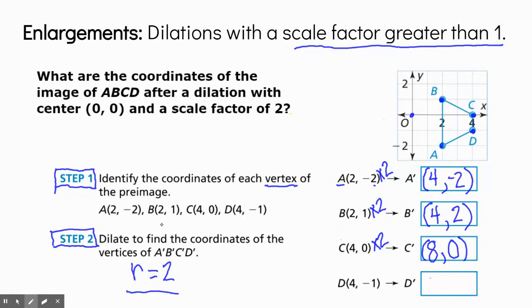D, 4 times 2 is 8. Negative 1 times 2 is negative 2. Like I said, we may not always draw the image. We draw it, but we should be able to get the coordinates of the image from the coordinates of the pre-image and the scale factor. Okay? All right.